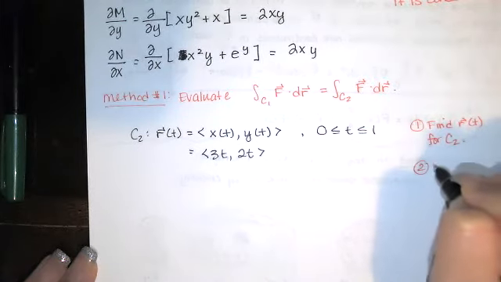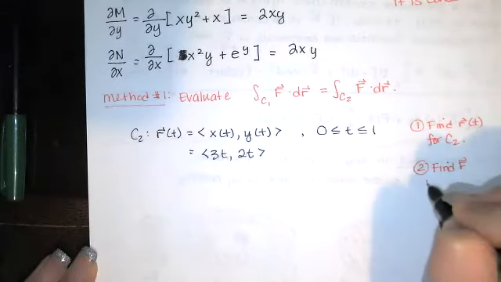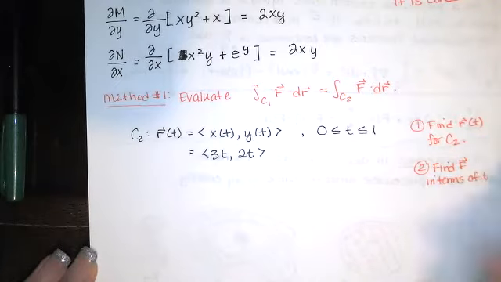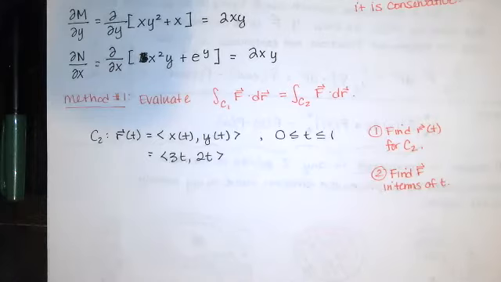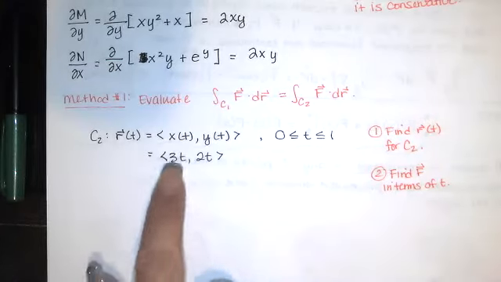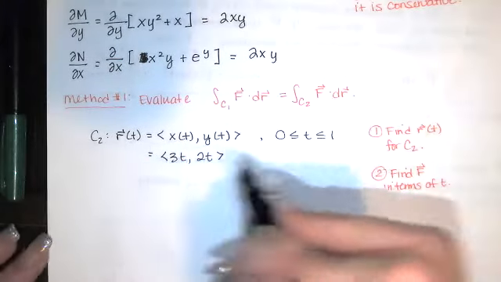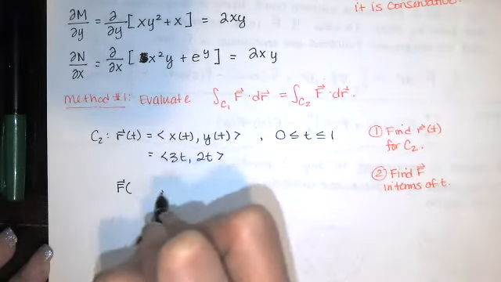The next thing we would do is find our field in terms of t, because if I'm on that path, my field depends on t. My field really depends on x and y, but if I'm going along that path, it's almost as if my field depends on t.